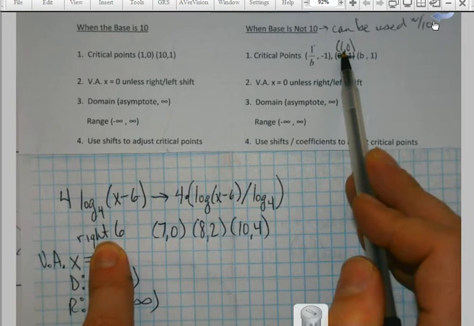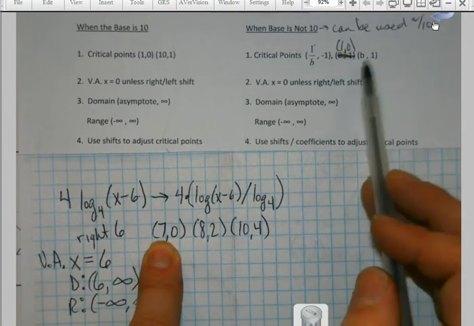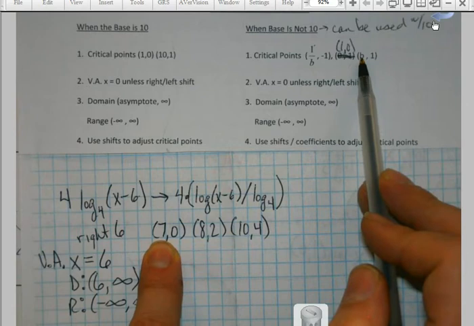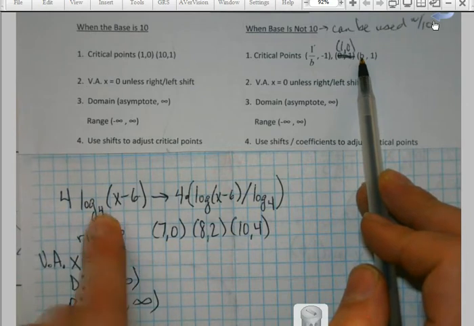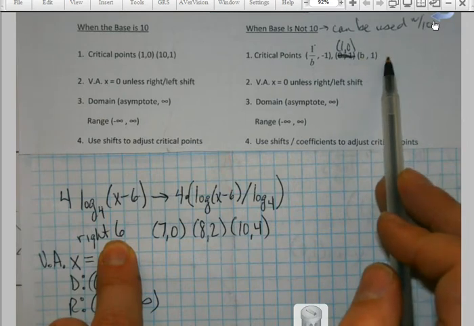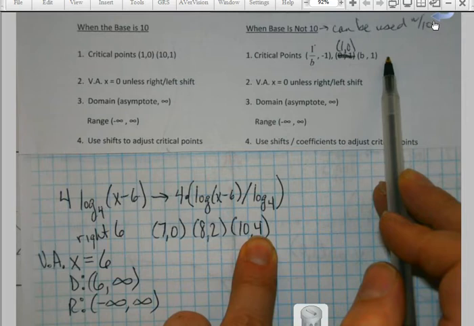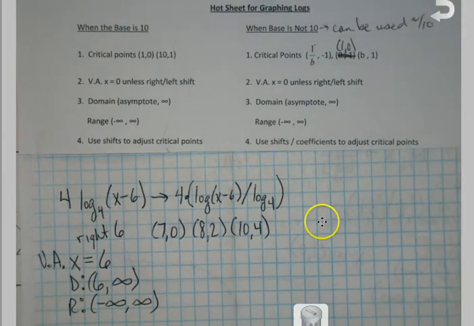I see where this is coming from. Because if I shift this point right 6, that's 7, 0. I get this. Then I look at this one and I'm like, okay, my B is 4, so 4, 1. But I shifted it right 6, so that'd be 10, 1. Oh, but I multiply it by 4. So the Y value is what's getting multiplied by 4? Right.